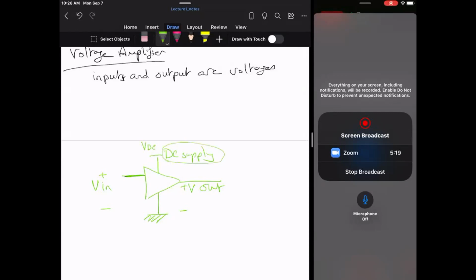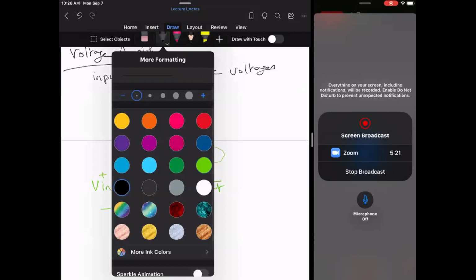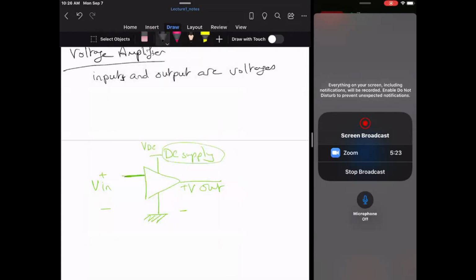Now, this amplifier is characterized by a gain, which is such that V out is equal to AV times Vin.